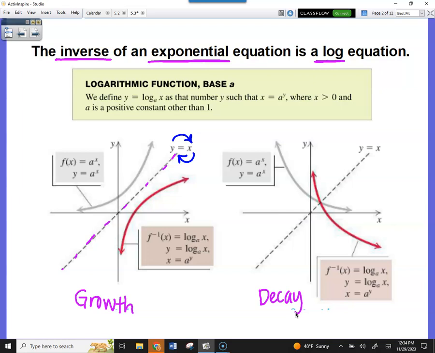They're opposites. They undo each other. Remember the dotted line that you see in between both of those graphs is that y equals x line of symmetry. And we talked about how that was cool because when you're working with inverse functions, you change y to x and x to y. So this is the picture of their inverse relationships.